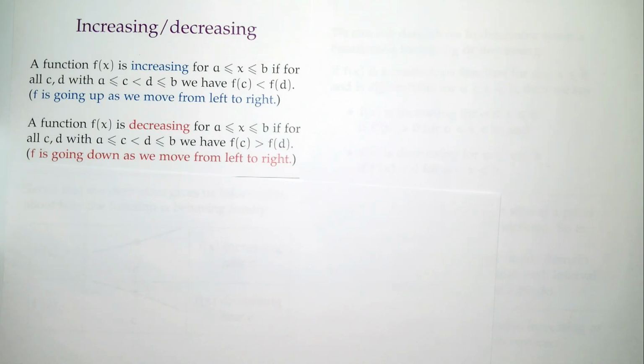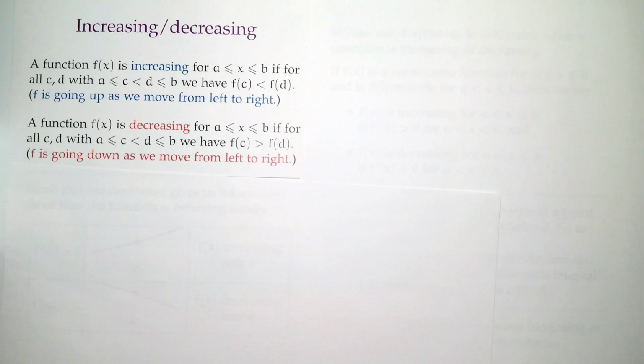I went up. That's what it means to increase. Now decreasing is if I go down. So here's f of a, here's f of b, and I'm going to a smaller value. So when we talk about increasing and decreasing functions, we're saying, how does the function change? Am I getting larger values as I move, or am I getting smaller values as I move? All right, so that's the idea.